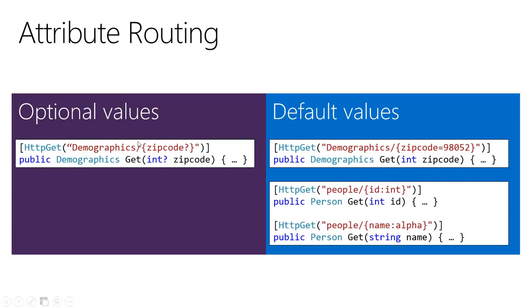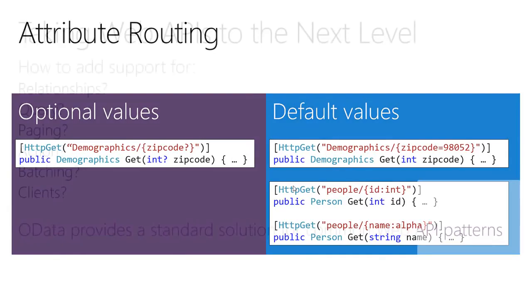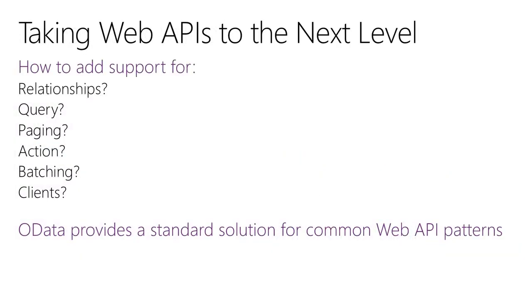But if somebody does pass me a specific zip code, then at that point I can return a value for that particular zip code. Nice too, over here we have default values that you can throw in as well to make sure that things look and act correctly. So attribute routing is going to be powerful.